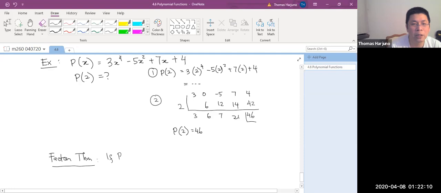If P(x) is divided by x minus c and the remainder equals 0, then x minus c is a factor of P(x).